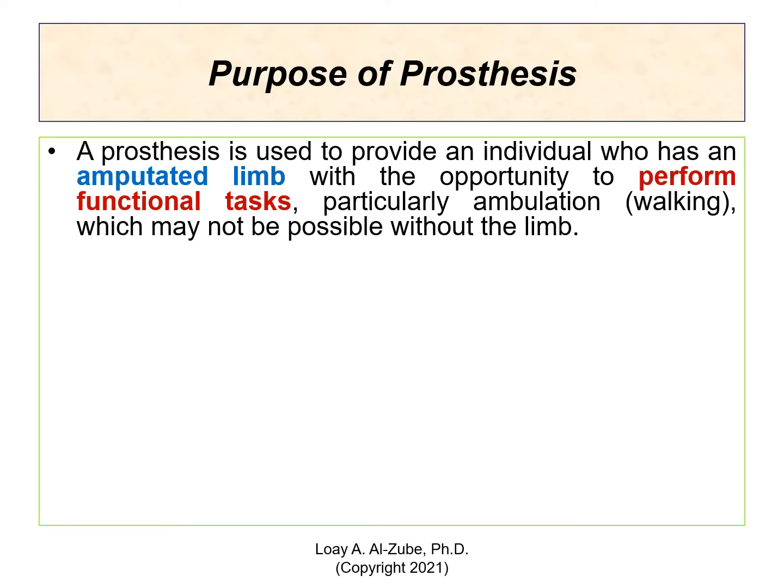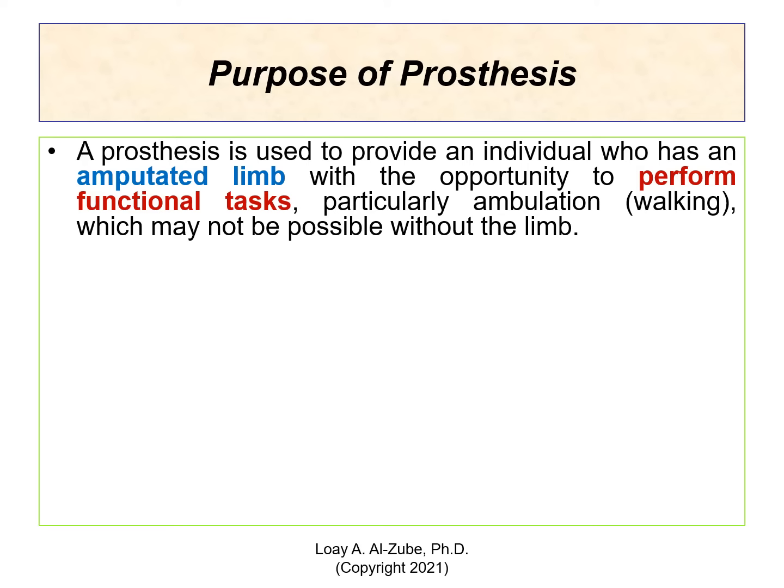Functionality is the most important thing, and walking, which may not be possible without the limb, is an example of these things. And now I want you to remember when we talked about human motion analysis, that is part of physical therapy. Prosthetics are actually part of something called occupational therapy, which means that you would like to help the subject to perform a specific task or do a job with the limitations of the disability.